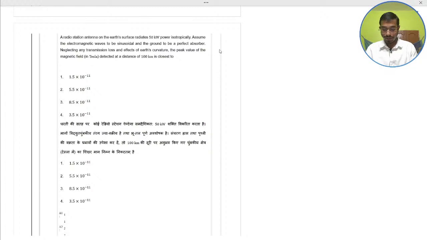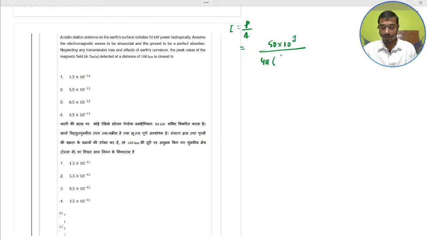This is coming from the electromagnetic wave topic in electromagnetic theory, just apply the formula. The intensity I is power by area, and the area is 4 pi r square. Put this value, 50 kilowatt means 50 into 10 to the power 3 divided by the area 4 pi r square.